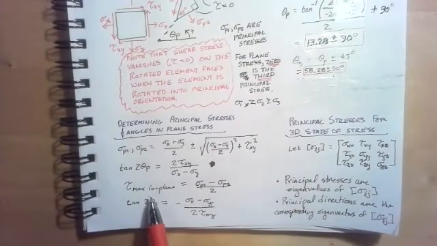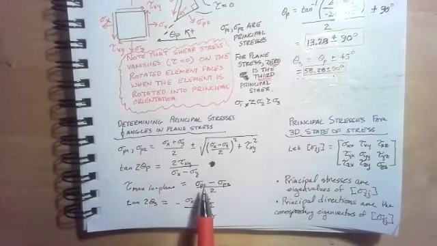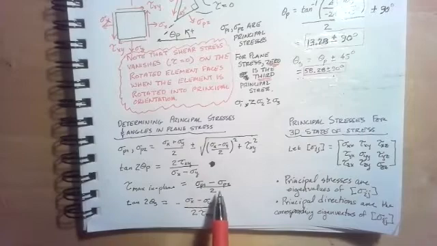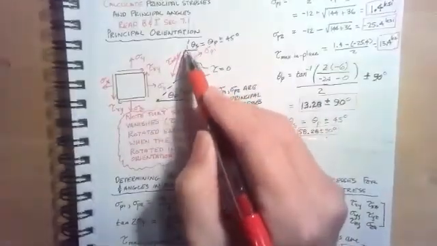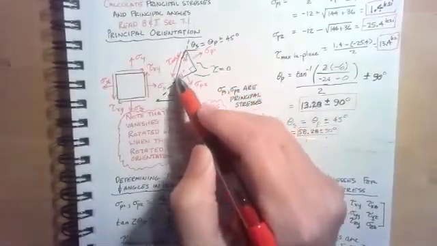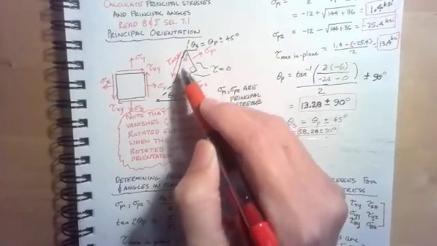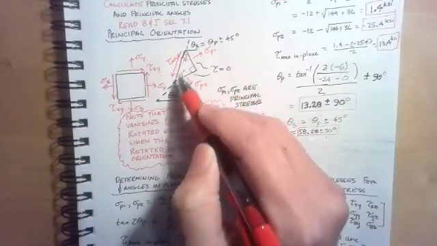And the maximum in-plane shear stress is going to be equal to sigma P1 minus sigma P2 over 2. And then there is an angle, we call it theta S, that tells me the inclination of the plane where I have maximum shear stress.